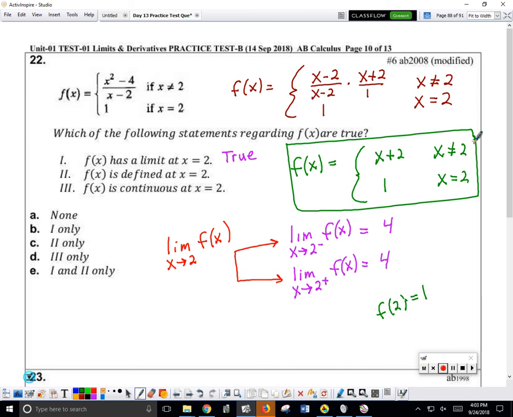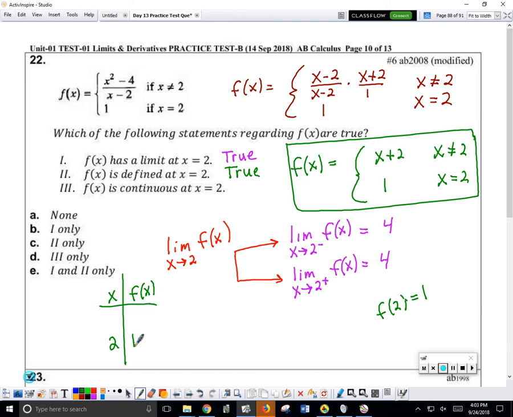So when you look at this definition of the function, when they say f of x is defined for x equal 2, they're asking you to figure out, well, if you're making a list, at x equal 2, would we find a y value? 1. Okay. Connections, again, one second, Liz, sorry.